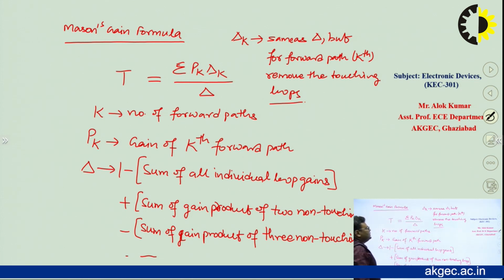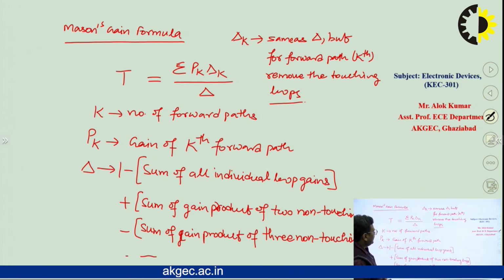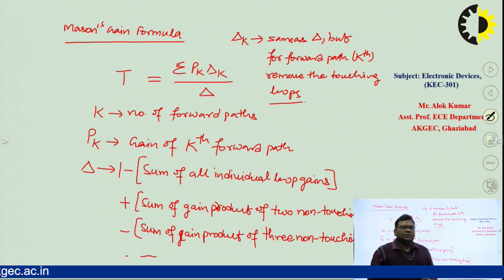So this is the Mason gain formula, and using this formula we can find the transfer function of the system. We will see an example, and we will also define some key parameters or definitions.